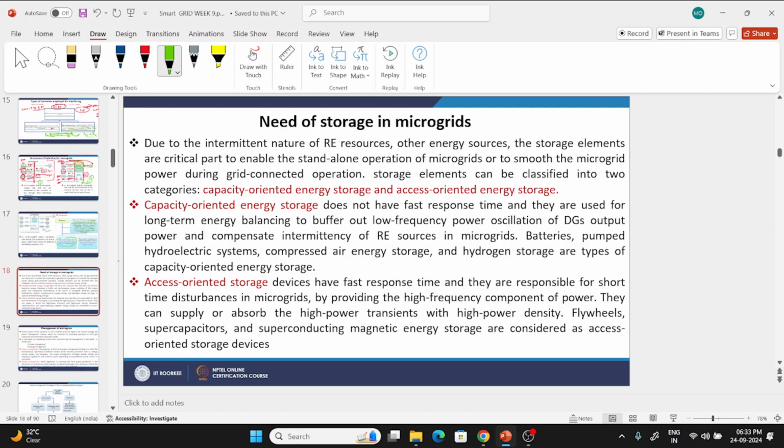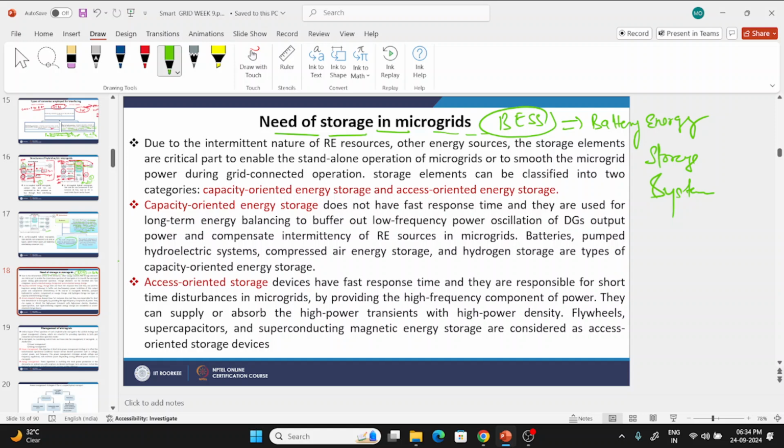Now, why are we going to need storages? Why is storage used in a microgrid? You can see nowadays there are various types of companies which work in the field of BESS, battery energy storage systems.